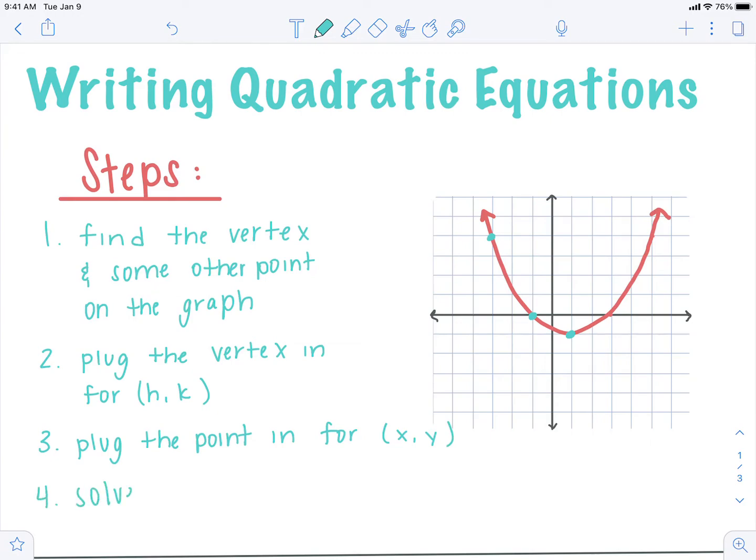We're going to solve for a. And then our very last step will be to plug everything in that we know to write the equation. I'm going to show you what that math looks like once we get these steps written down.